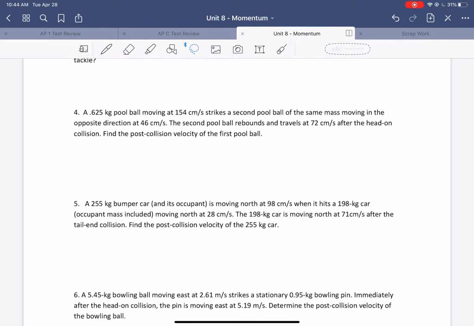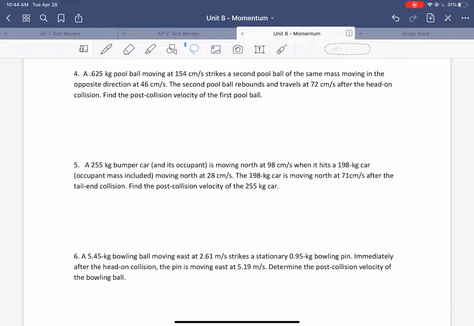All right, so moving on to number 5. This is a collision between bumper cars. If you read the problem, it says that the bumper cars are both moving north, which you might be used to drawing as upward, but just to make this all fit on the page better, I'm going to make north mean to the right.